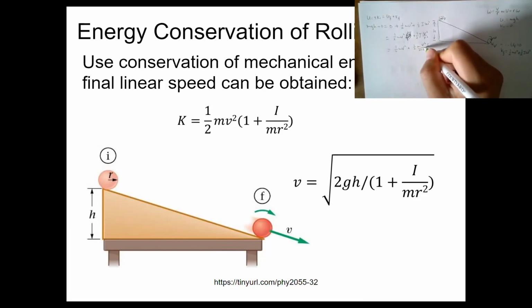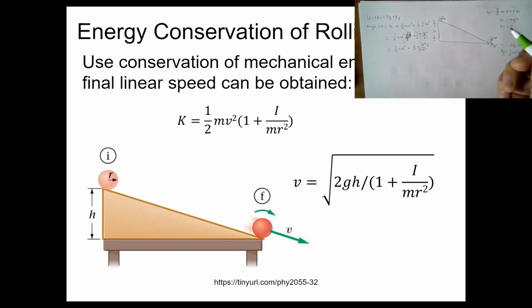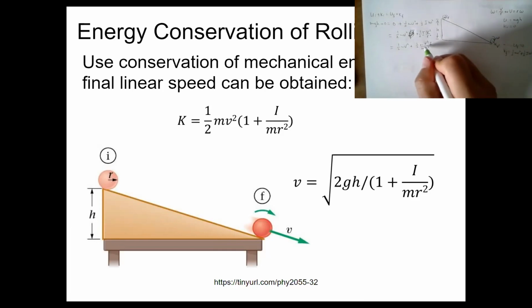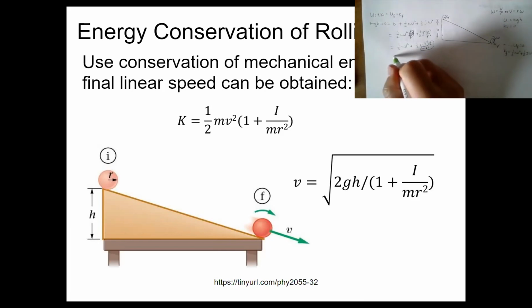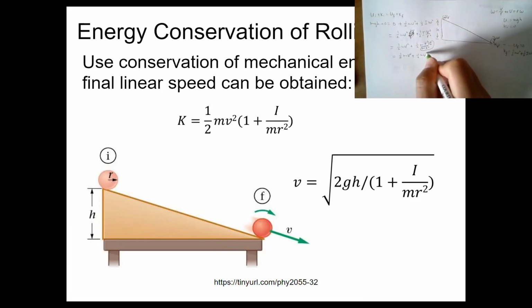So on the left-hand side you have mgh, and on the right-hand side you have 1/2 mv² times (1 plus I over mR²).